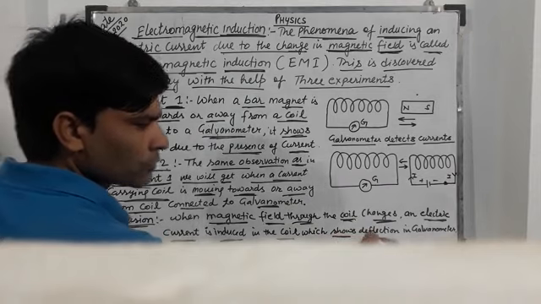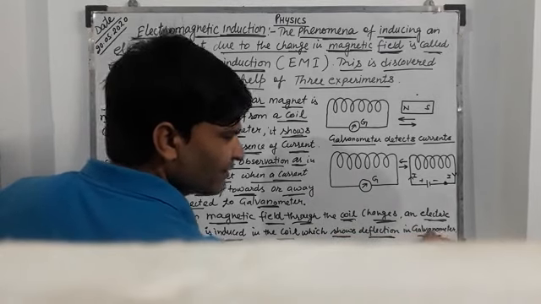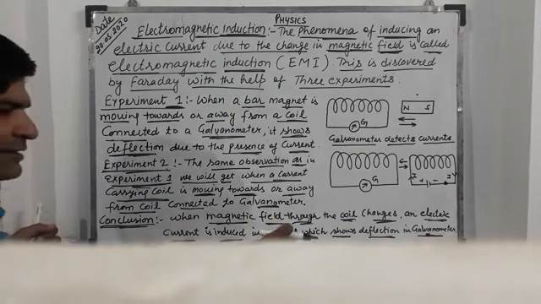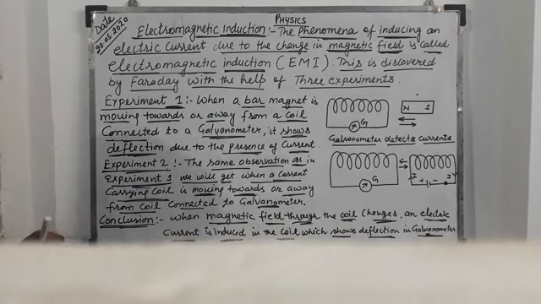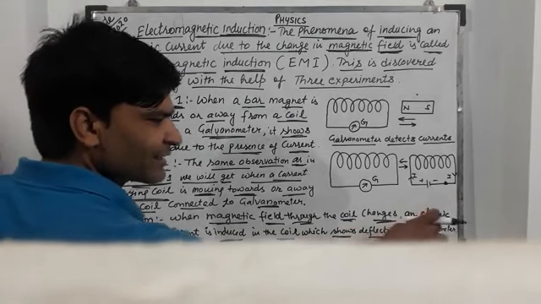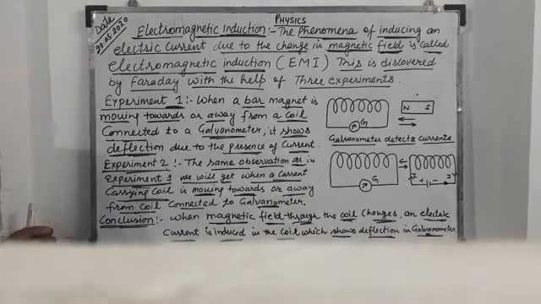That shows deflection in the galvanometer because current is flowing, current is induced in the coil.